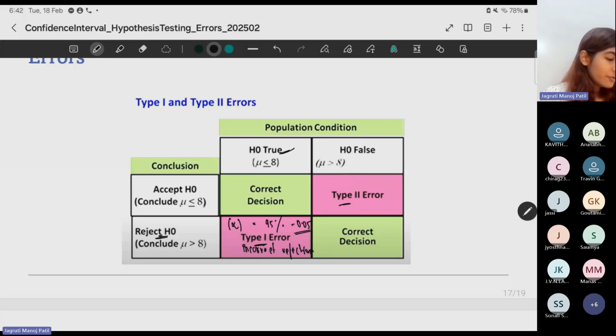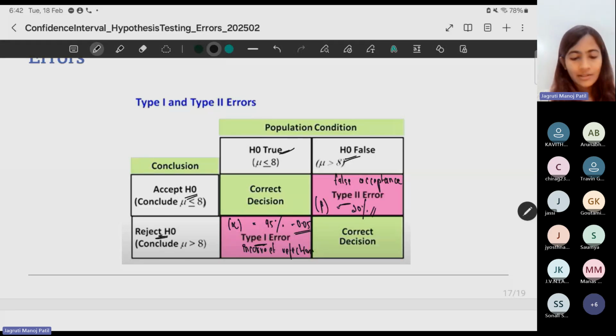Next, if your null hypothesis is false, and even though you are accepting it, that is nothing but a false acceptance. This false acceptance, or type 2 error, is represented by a parameter called beta, and it's normally 20%. So these are the two types of error that you have.